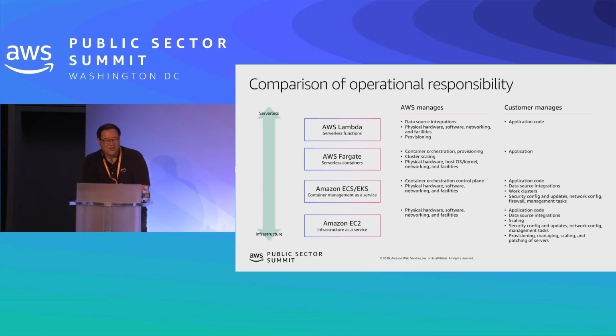I don't want to go through every single one of those bullet points, but the general story told is the closer you get to a true serverless offering, the more you're, once again, letting AWS handle that undifferentiated heavy lifting, allowing you as the customer to focus on the stuff that's specific to you as an organization, agency, business, et cetera.